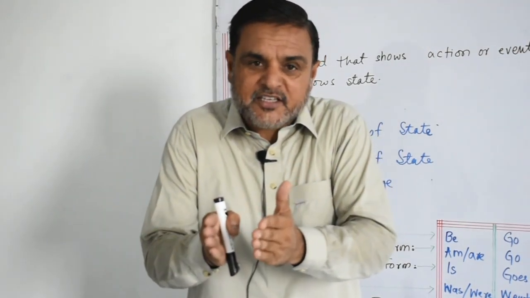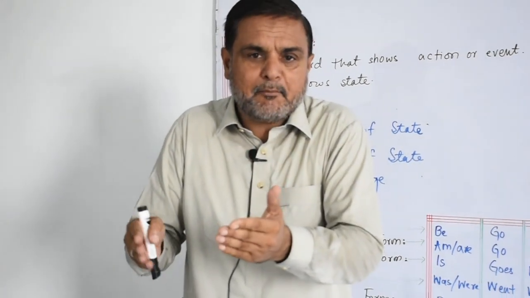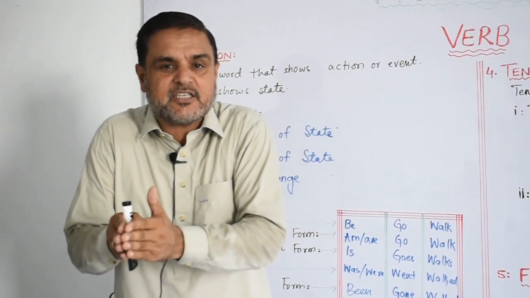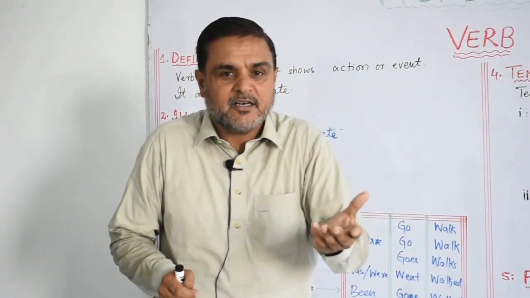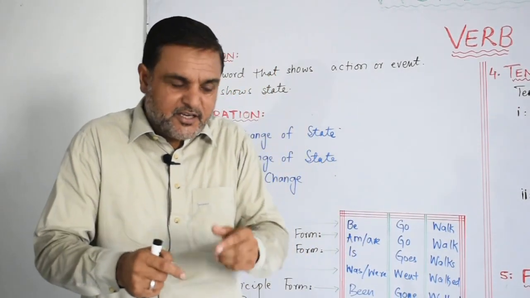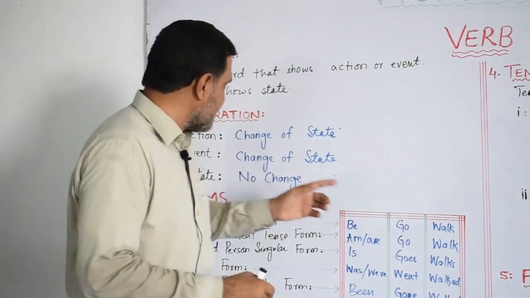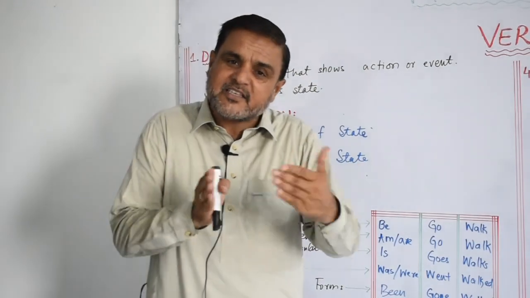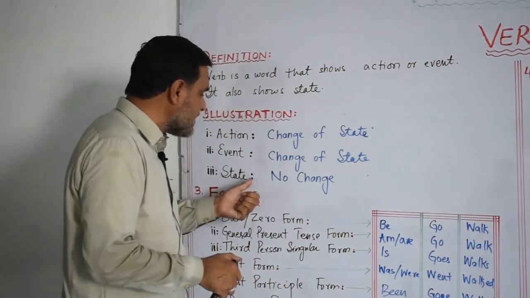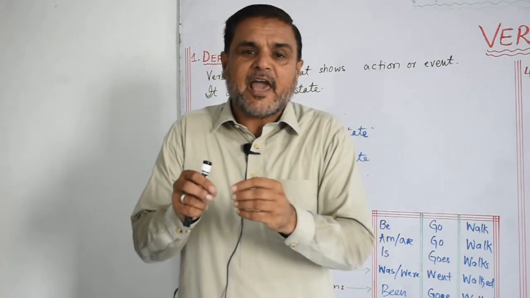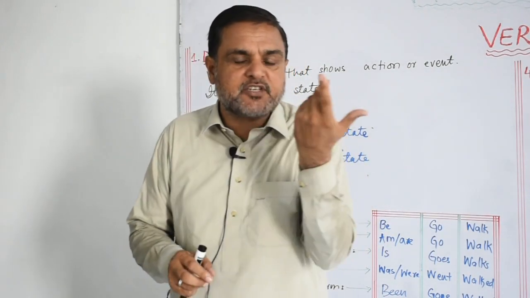When a state changes, so to say, mathematically, using mathematical variable, when a state changes from A to B, this is called as action. Change of state is called as action. In case of event, change of state is called as action, and in case of state, no change. So one thing is for sure, action stands for change of state.